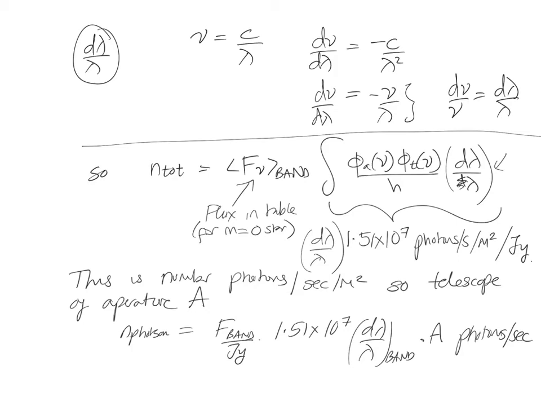We need to look up the flux in the band for an m equals 0 star, correct it to the magnitude of the star we're actually observing, and multiply it by 1.51 times 10 to the 7, d lambda over lambda, which is in the band, and the area of our telescope. And so this is the area of the telescope. It's got nothing to do with the CCD, but this quantum efficiency you're calculating does depend on the size of the telescope a little bit.